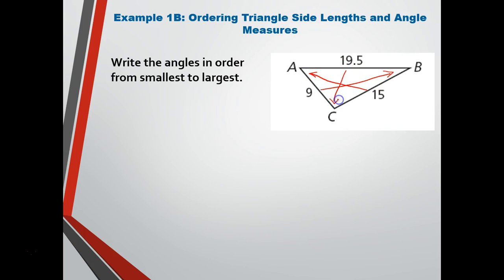Okay, so I'm going to number them. Angle B goes with 9 here, which is the smallest side. So that's 1. Angle A is the next smallest one. Remember that, 2. And angle C is going to be the largest because it goes along with the largest side.